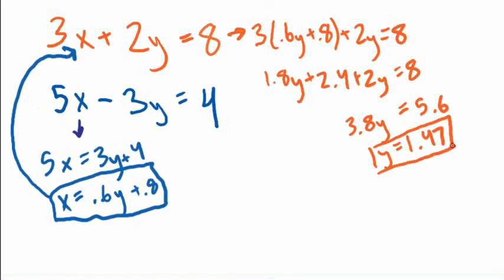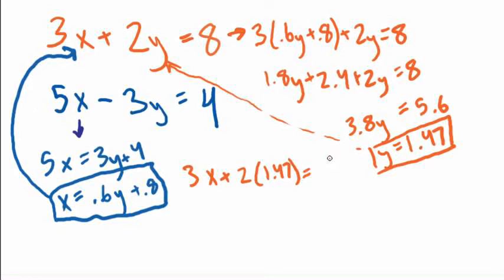And now what I can do with that one piece is plug it into one of my two equations to solve for x now. And I think I'm going to plug it into my top equation. So, right there. So, 3x plus 2 times 1.47, which is equal to 2.95.